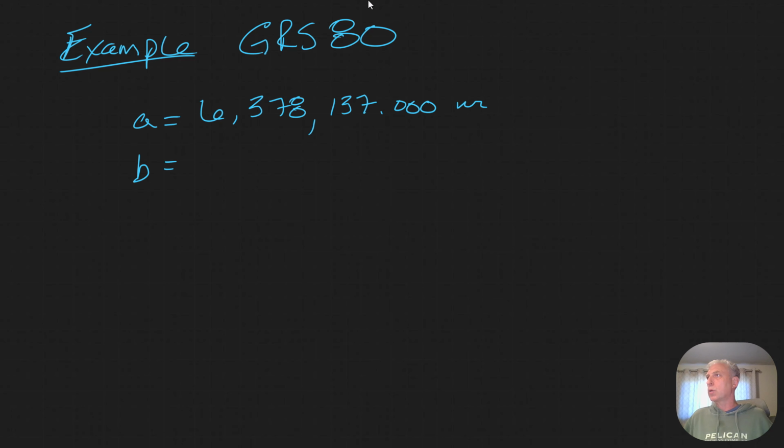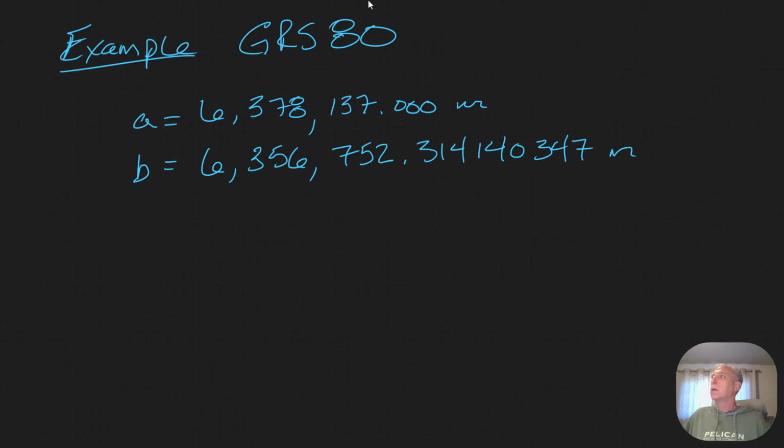B equals 6,356,752.314140347 meters. The problem with using just A and B is that, as you can see, these are big numbers, so they're awkward to work with.